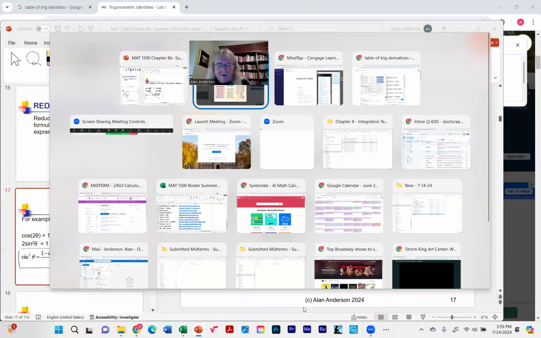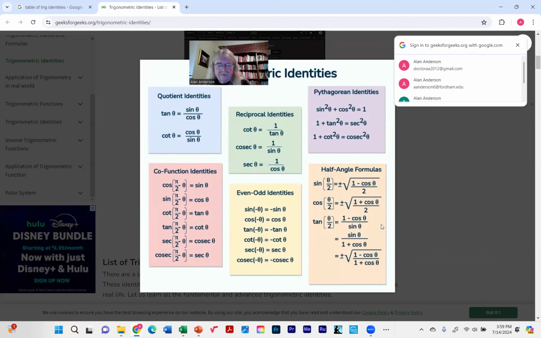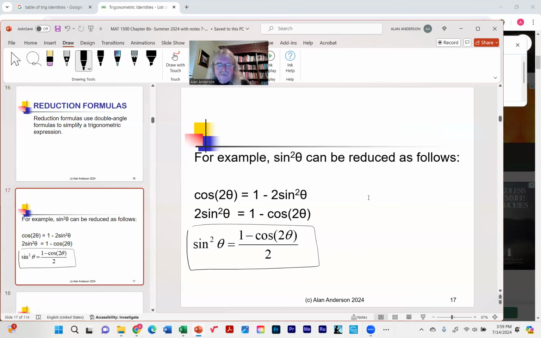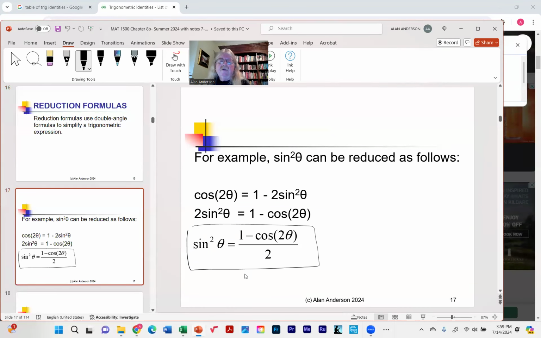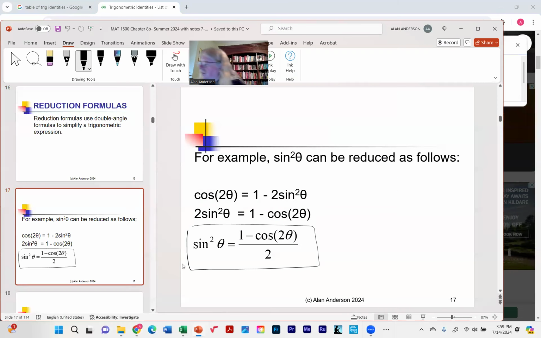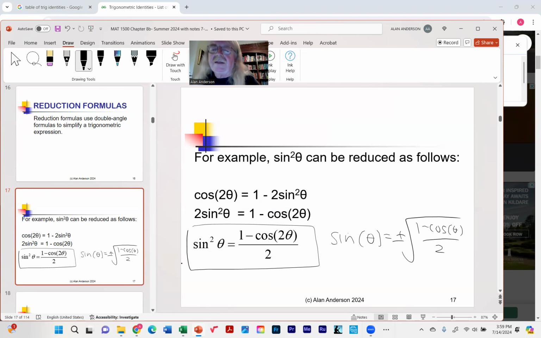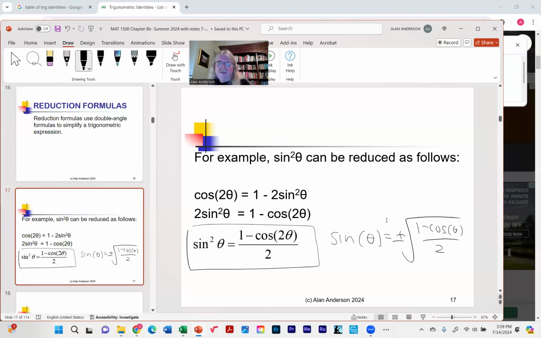Now, let's see if that chart has this. So you see what they've done. They're writing it like this. This is the first of the so-called half-angle formulas. They wrote it as sine theta is plus or minus the square root of 1 minus cosine theta over 2. But of course, it means the same thing. So these are the so-called half-angle formulas.